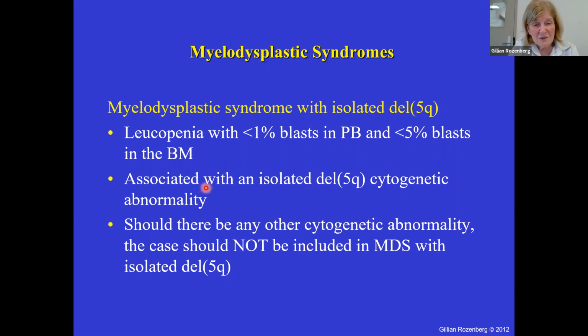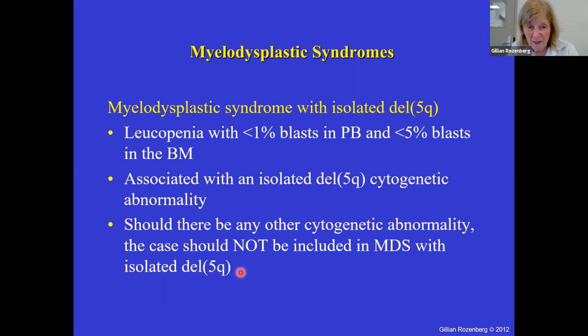So associated with an isolated deletion of 5q, this is very important to remember, it's only one chromosome's deletion, it's not a minus 5q, it's just a deletion of 5q. So should there be any other cytogenetic abnormality, the case should not, that's why that's in uppercase, be included in myelodysplastic syndrome with isolated deletion of 5q.